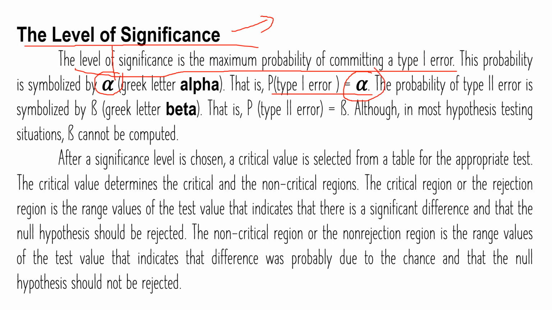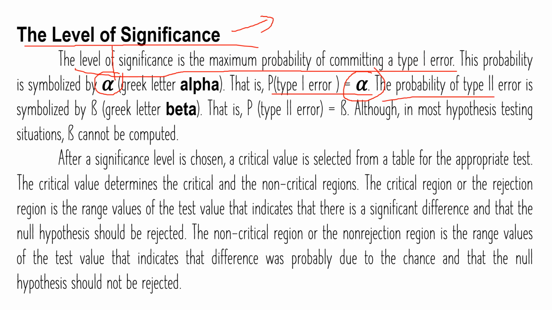That's why I said a while ago that your alpha is the maximum error that a researcher wants to meet, because we can associate this alpha to the probability of committing a type 1 error.